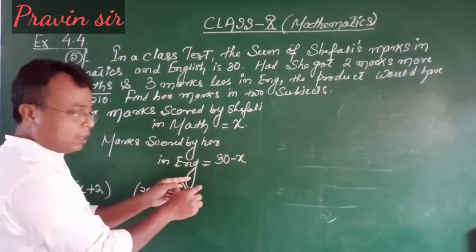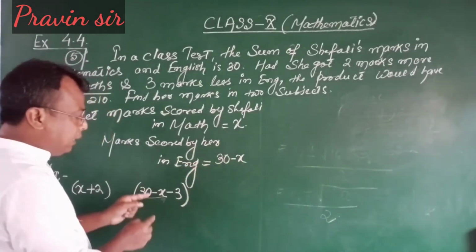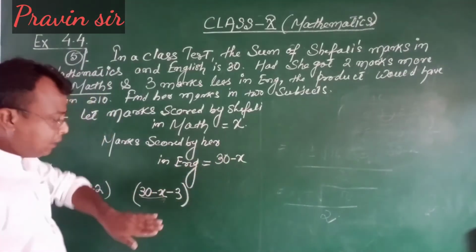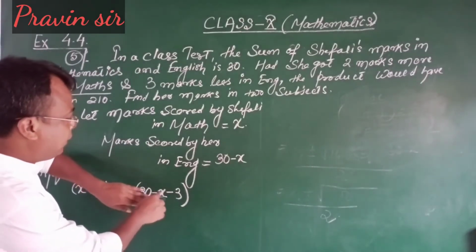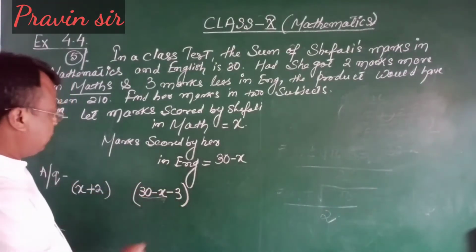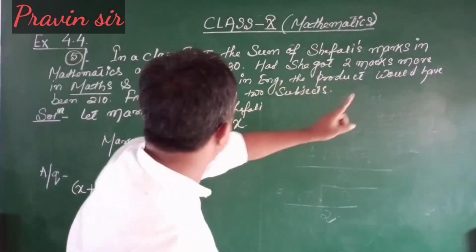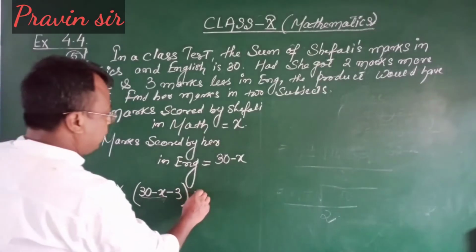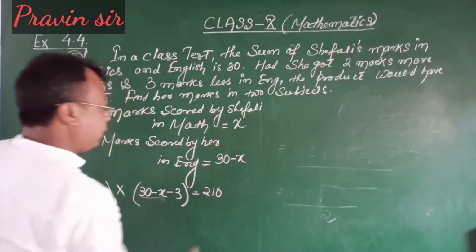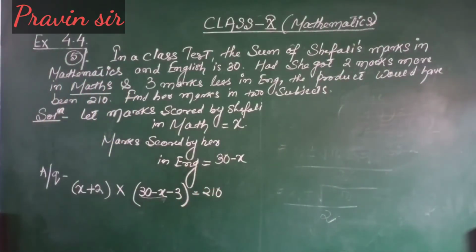So 3 less means 30 minus x minus 3. The product of these two will be, multiplying both, equal to what we will get? 210. Are you getting?